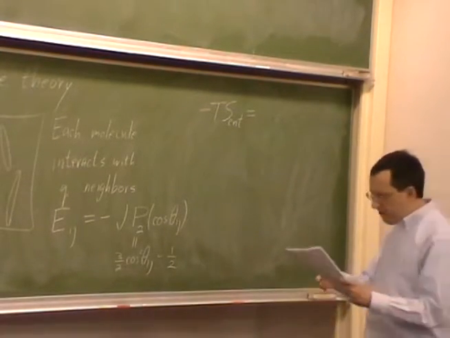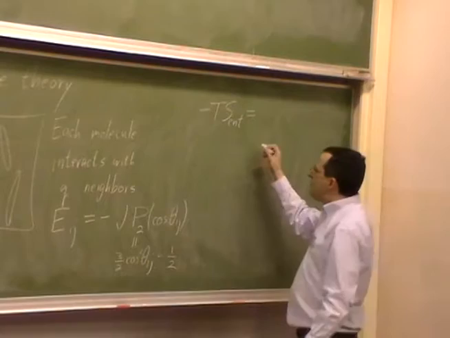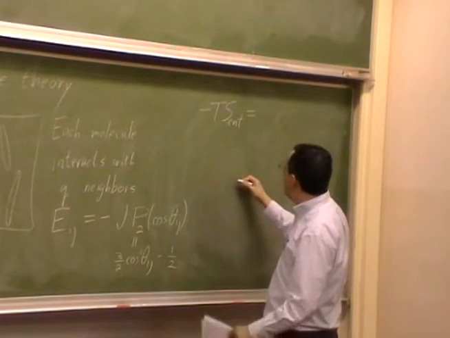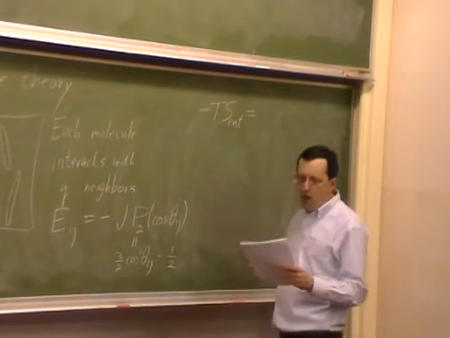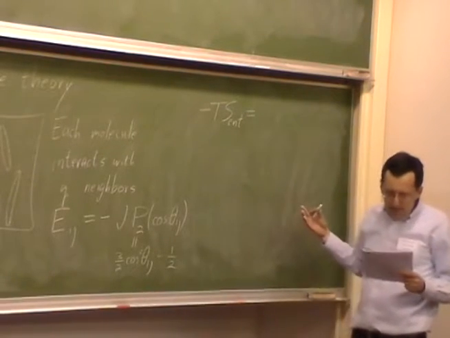So I have this orientational distribution function, which is rho of theta and phi.